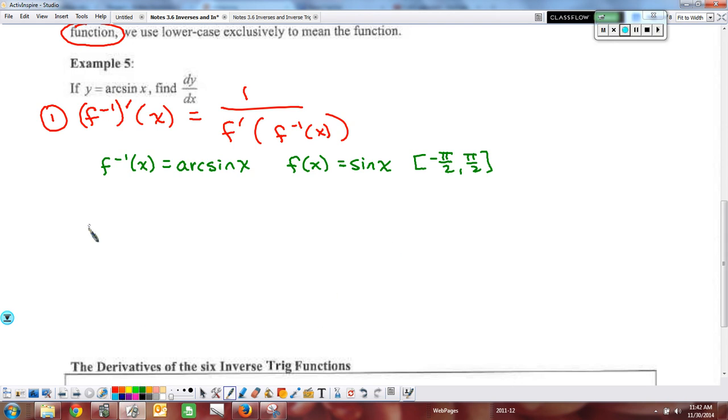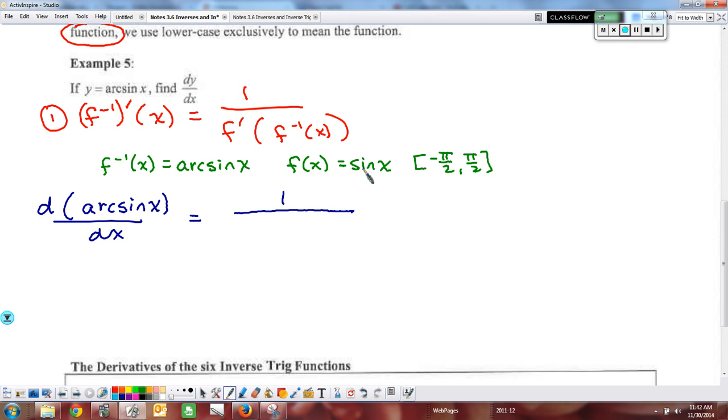All right, so I want to find, I'm going to write it this way, the derivative of arc sine of x with respect to x. In order to find the derivative of the inverse, I'm going to use my rule. I'm going to take the reciprocal of the derivative of the original function.